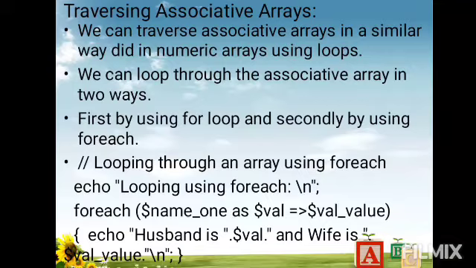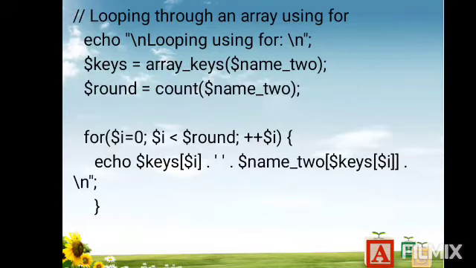Here, foreach $name1 as $key associated to $value, we can get two types of values, the index or key and its associated value. Therefore, we can print both $key and $value. In an associative array, we need keys and their values.